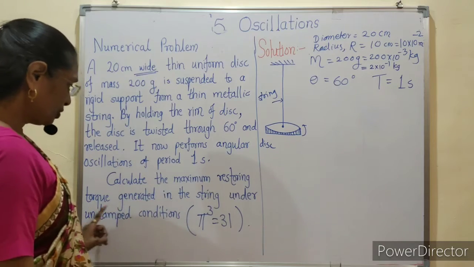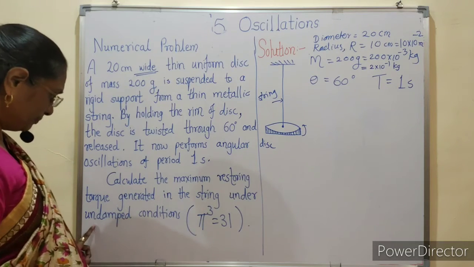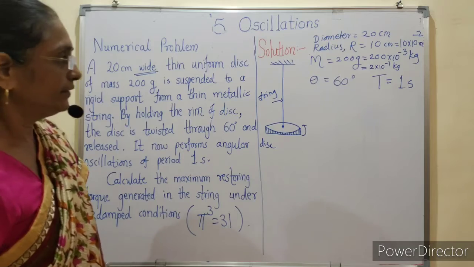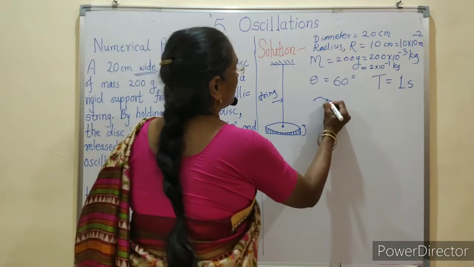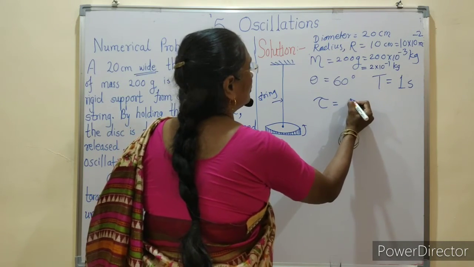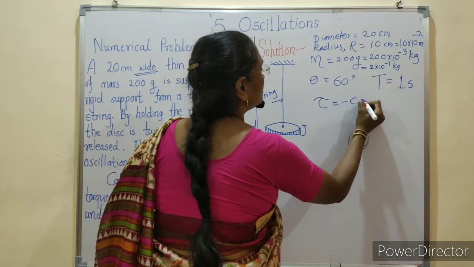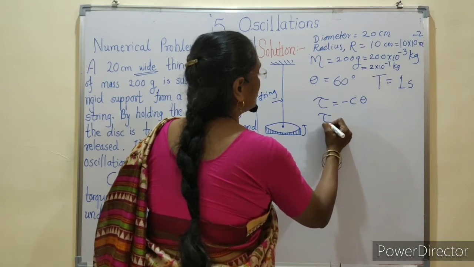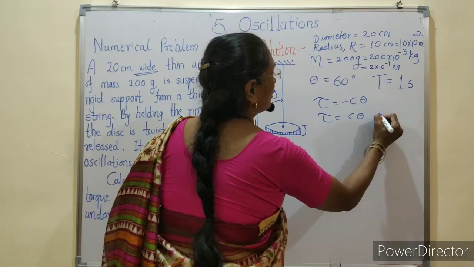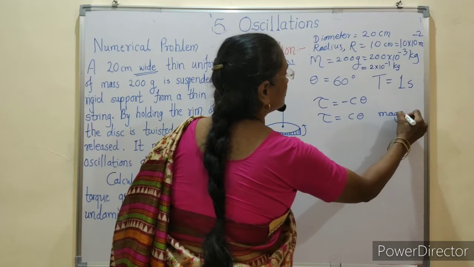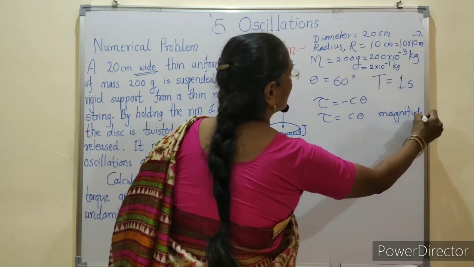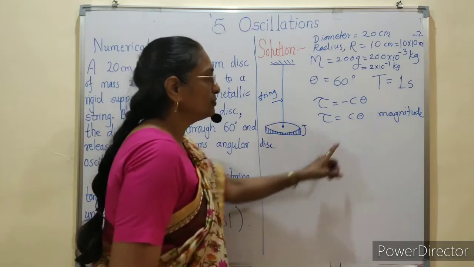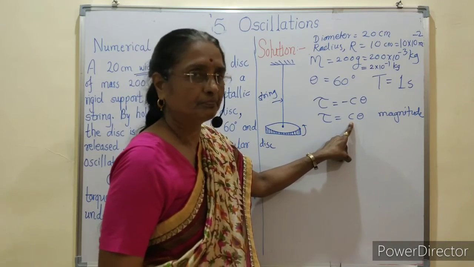Calculate the maximum restoring torque generated in the string. Here we have to calculate torque. Torque is equal to minus c theta; if we consider only the magnitude, torque is equal to c theta. So first we have to calculate this c.